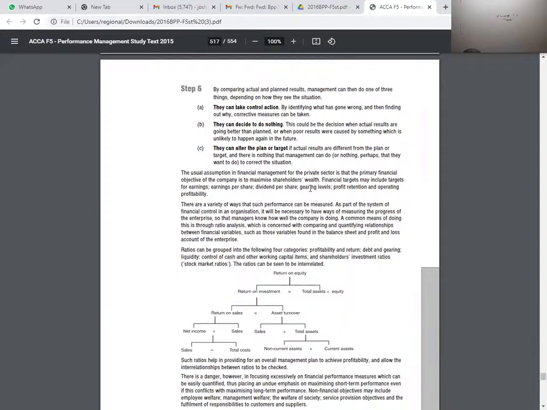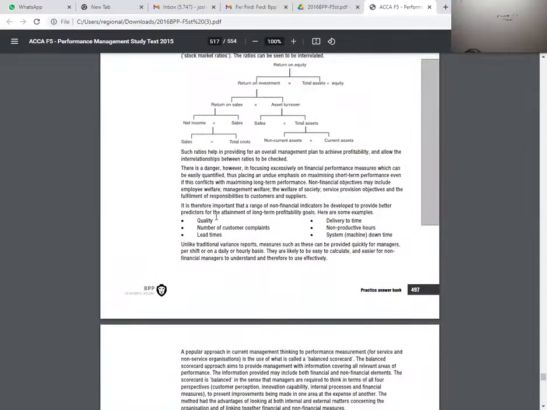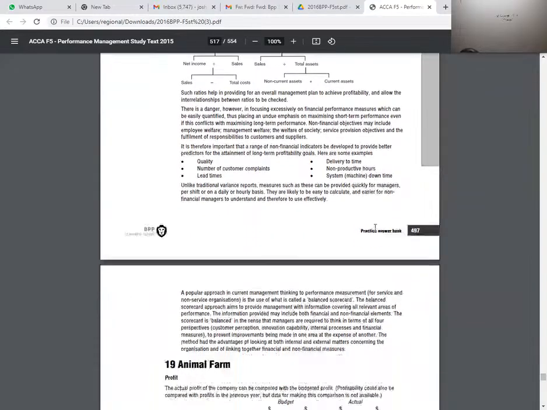All those are very important performance measures, just examples. And then for the non-financial performance measures, you're looking at issues to do with quality, issues to do with customers, number of customer complaints, delivery time, flexibility, machine downtime, etc.